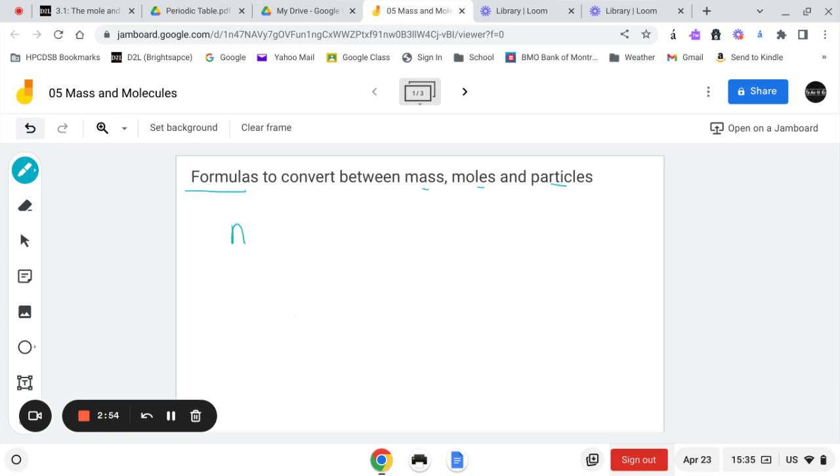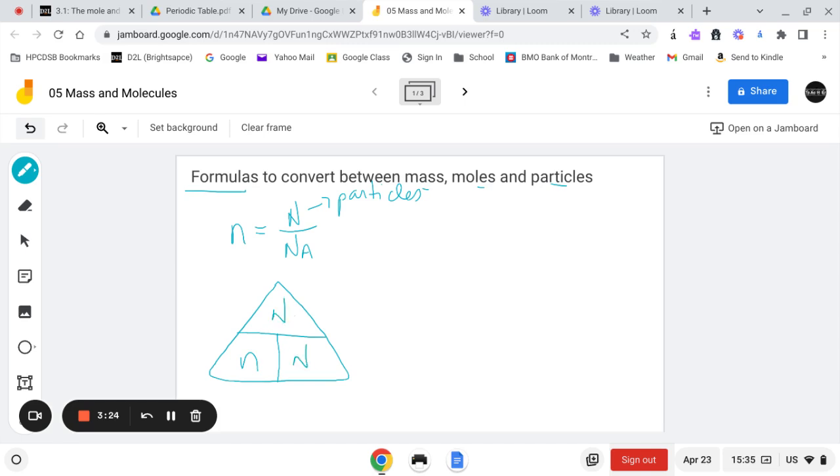So we learned this formula. Moles is equal to particles divided by Avogadro's number. And remember that capital N is particles, but we don't use that term. We're going to either use atoms or molecules or formula units, depending on the substance. And remember too, if you're a triangle person, I am not a triangle person, but if you are, you can set these up in a triangle.